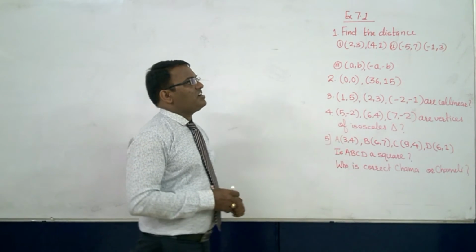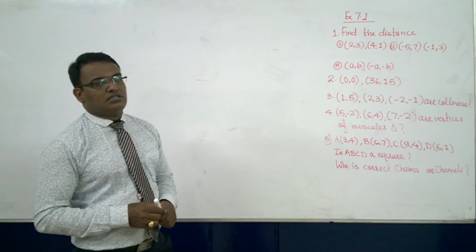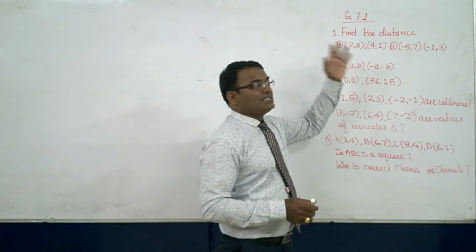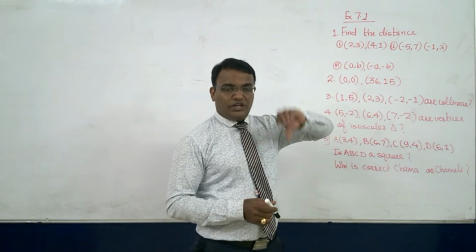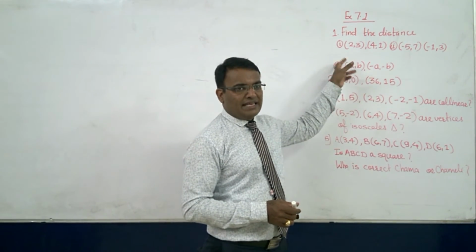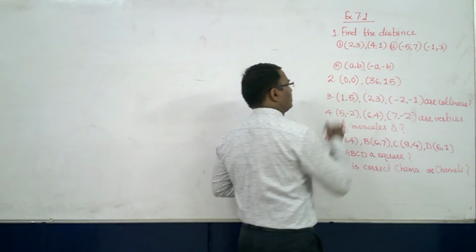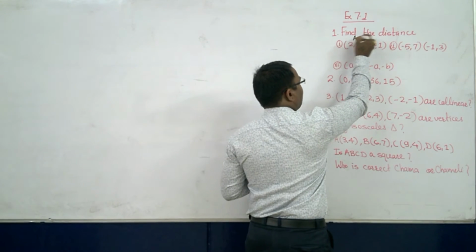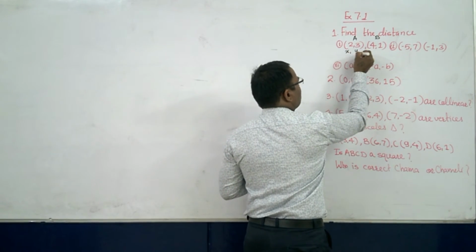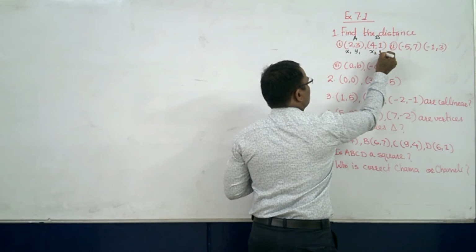Sum number 1, find the distance between these 2 points. Since we are working in coordinate geometry, there will be 2 values, x and y, for 1 point. Suppose this is A and this is B. This is your x1, y1, x2, y2.